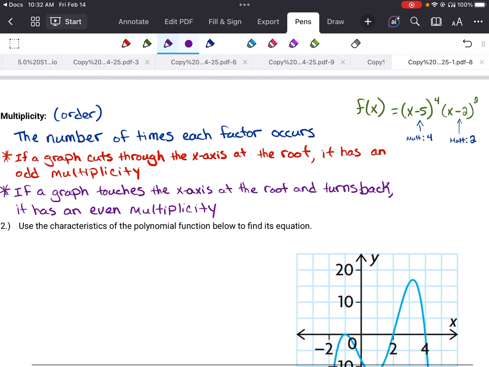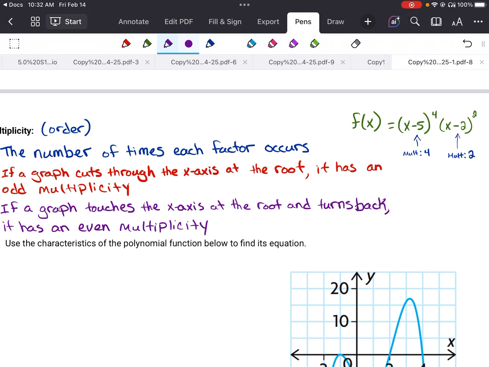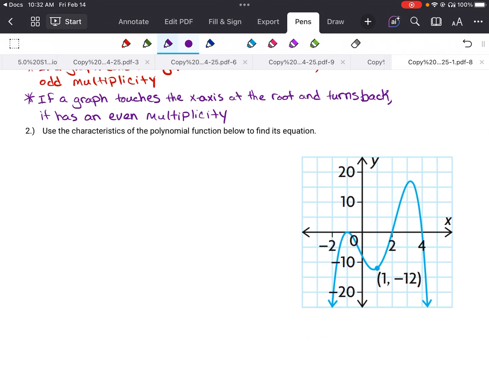Okay, we looked at that in the characteristics note. If it has a multiplicity of 4, remember it's just a little flatter at the root than it would be at 2.